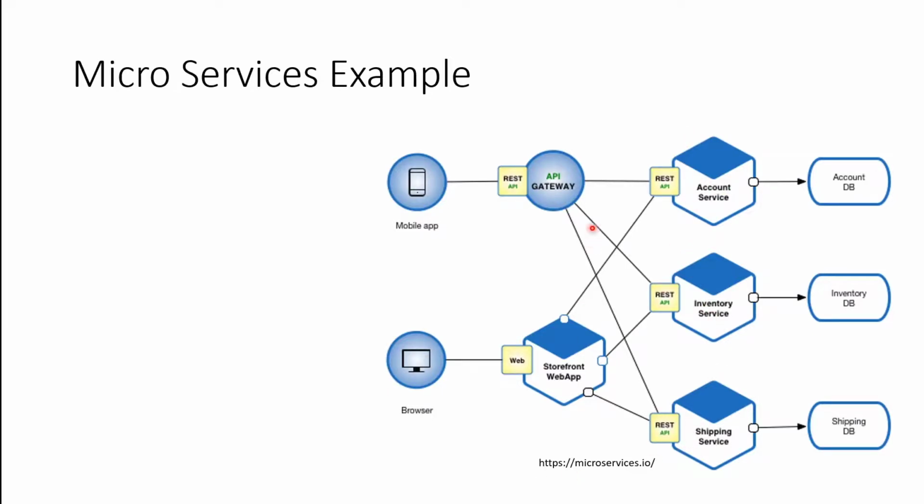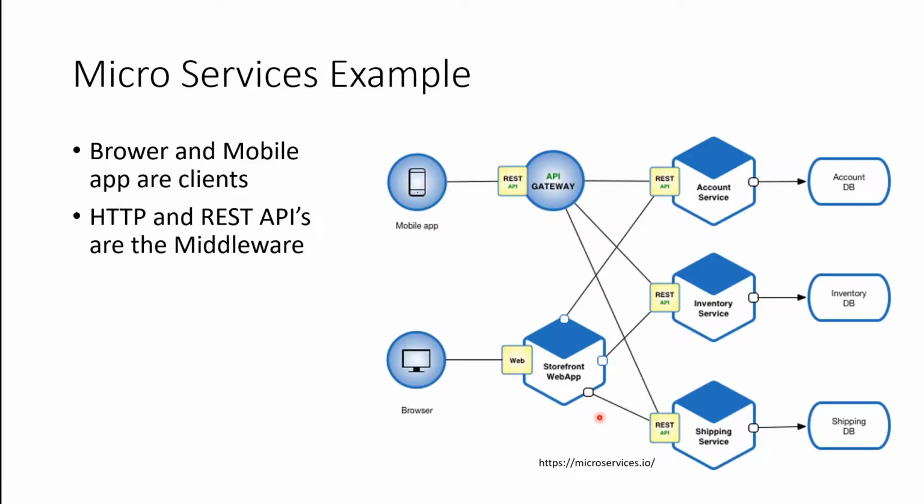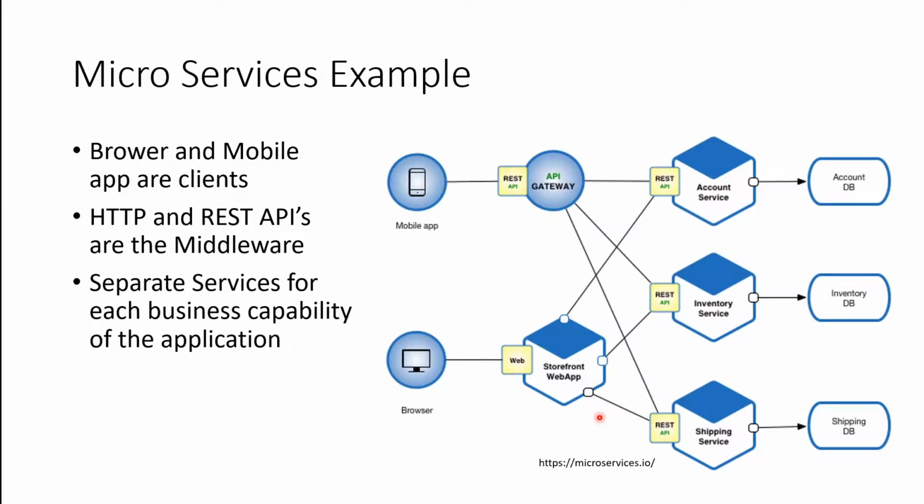Now, how these choose to talk to each other can occur in a variety of ways, and microservices does not make any differentiation between how they can talk. They can talk over HTTP REST, over ODBC. They can use an enterprise service bus if they want or need to. There is really no fixed or standard way.